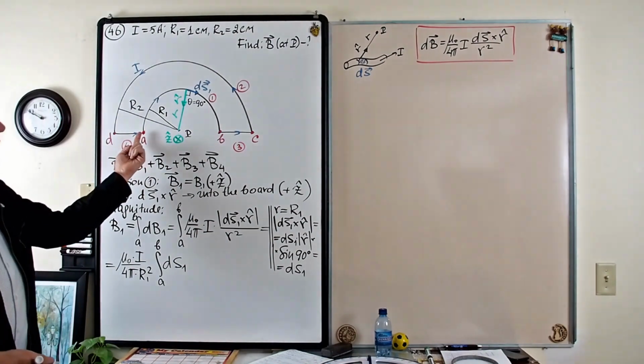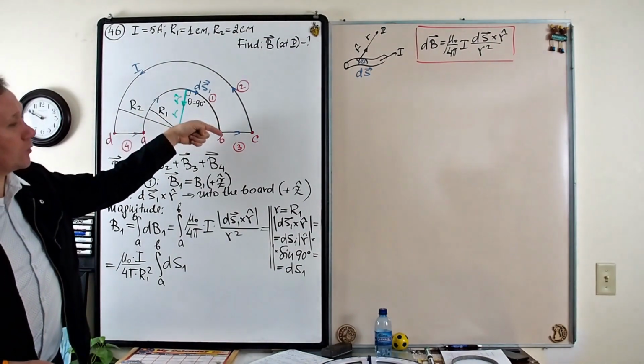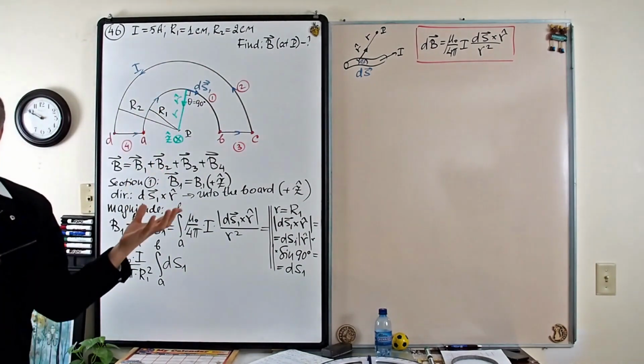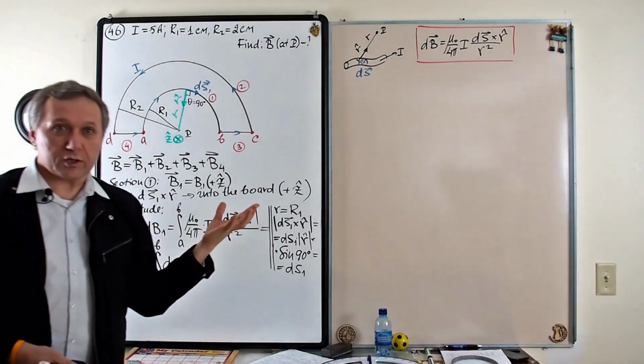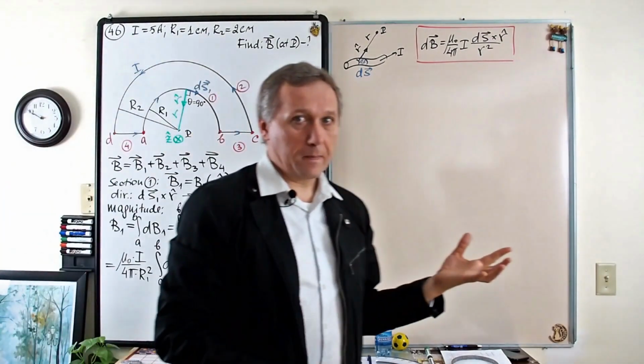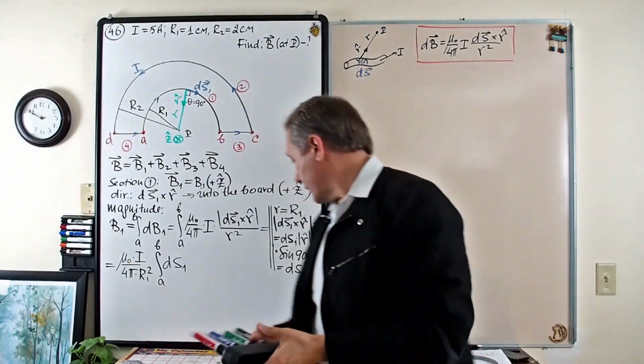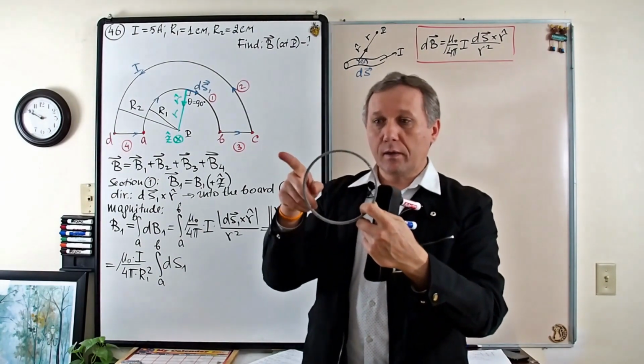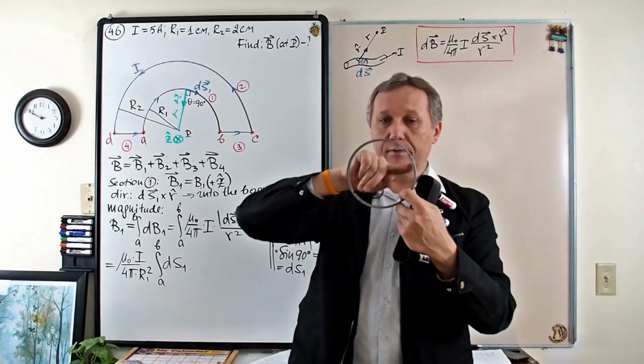If you move from this point all the way to this point, you will get the length of this semicircle, which is half of the circumference. The total circumference of the loop is 2 pi r, but in this case, since we have half, it's pi r.